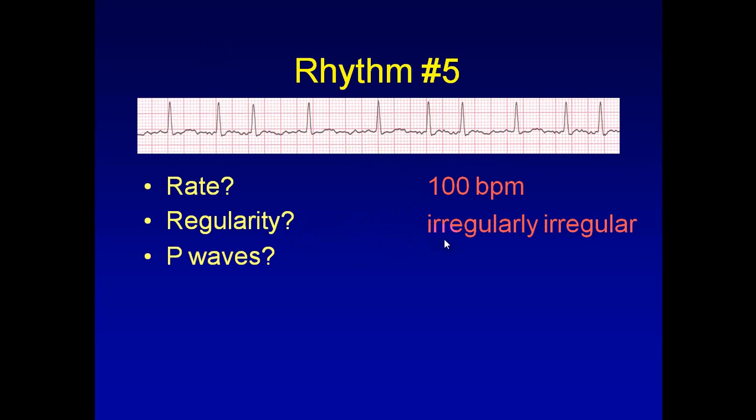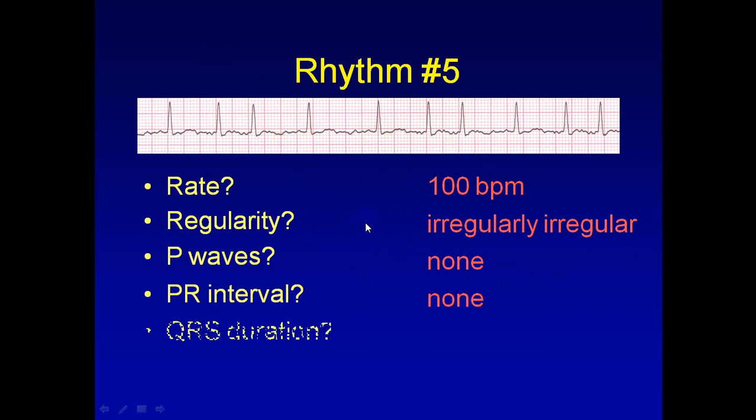There is no P wave, only some undulation in the baseline. This undulation might be fine, might be coarse. This is called small f, or F wave. The PR interval we can't measure, as there is no P wave. The QRS complex looks normal, looks alike in all of these.